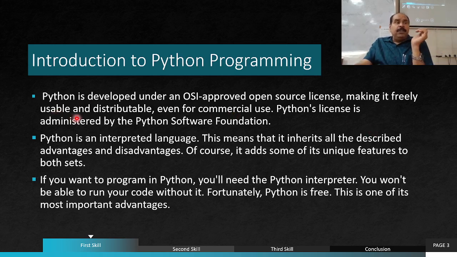It is administered by the Python Software Foundation. Python is an interpreted language. In the first class, when I was talking to you about problem solving strategies, I told you that there is a high level programming language and a low level programming language or an assembly language, which is directly understood by the system and consists of zeros and ones and many complexities.